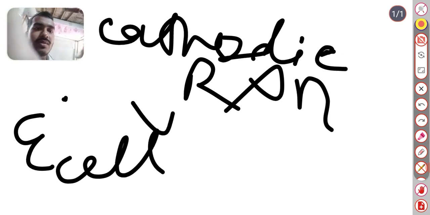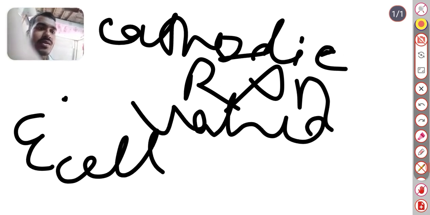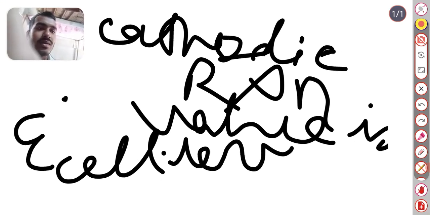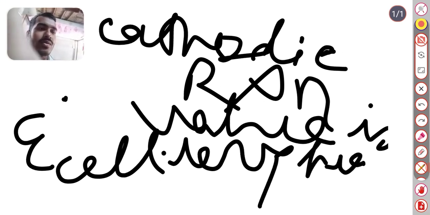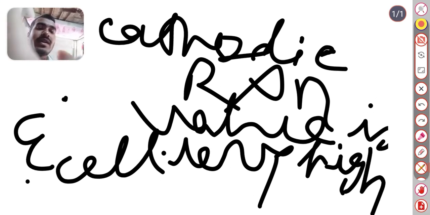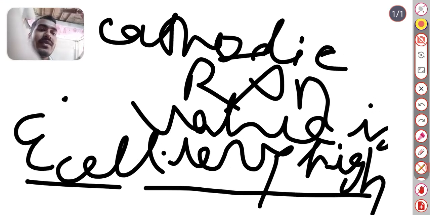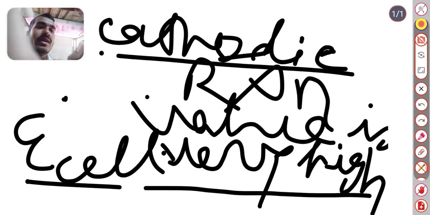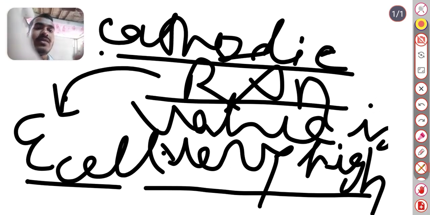E naught cell value is very high. That is the point. E naught cell value is very high for the cathodic reaction.